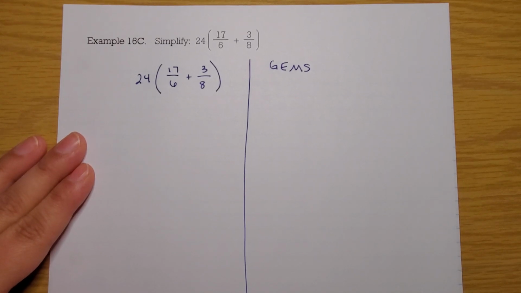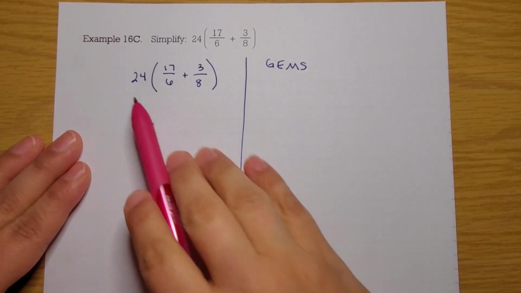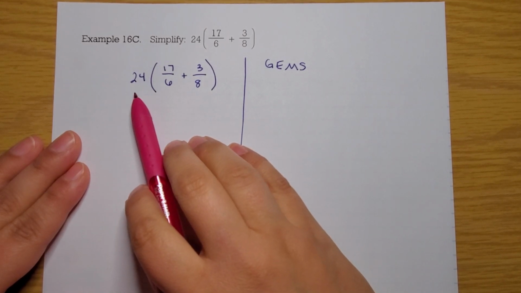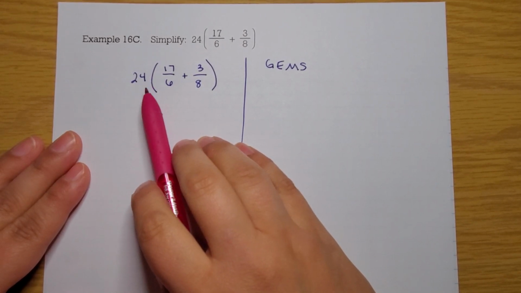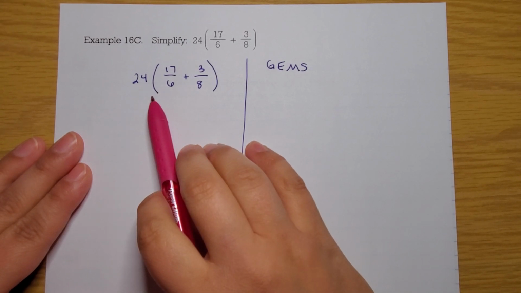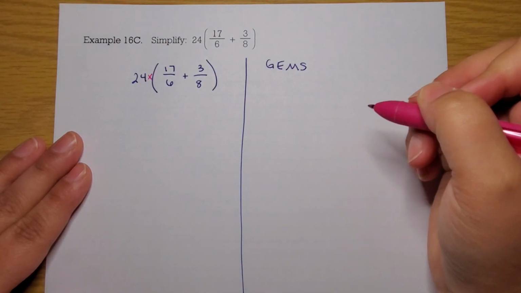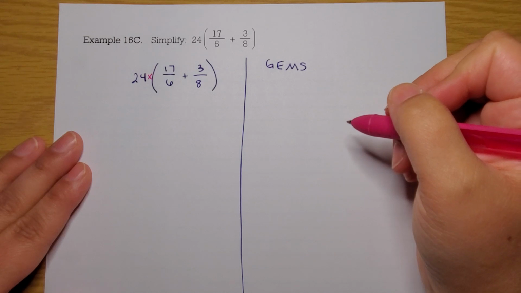Okay, so let's look at what we have. We've got 24. And then, as a reminder, when there's nothing in between a number and parentheses, do you remember what operation that is? It's a multiplication. So I'm going to write that in so I remember that.